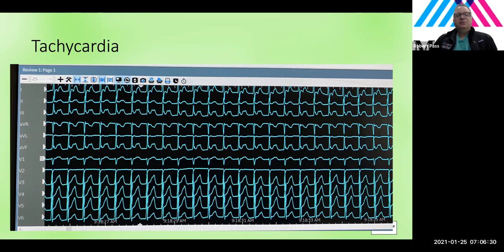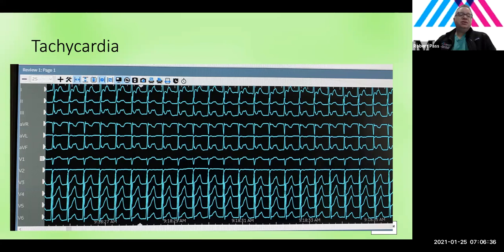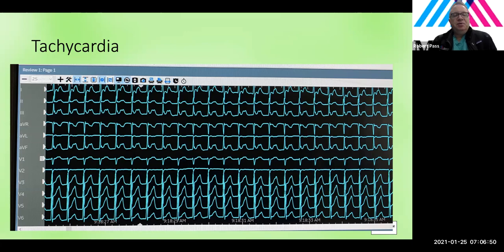Anything else this might be? The heart rate's about 150. I guess flutter could be another possibility. This could be some kind of atrial flutter, a reentrant atrial arrhythmia. Absolutely. And then maybe a junctional rhythm, possibly. Could be, although people talk about junctional tachycardias in people who haven't had open heart surgery.